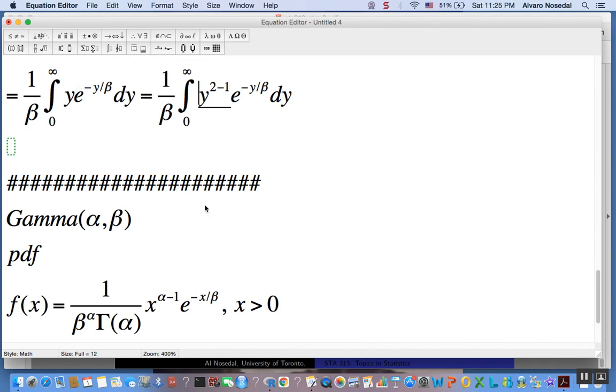So note that the one that we need is 1 over beta. It's already there. Alpha is going to be 2, gamma evaluated at 2. So let me do that. Divide by beta.